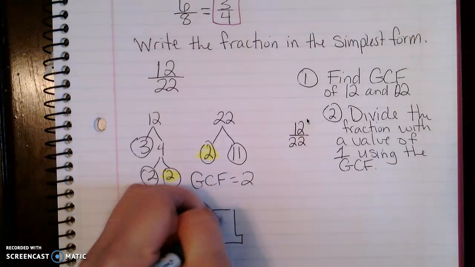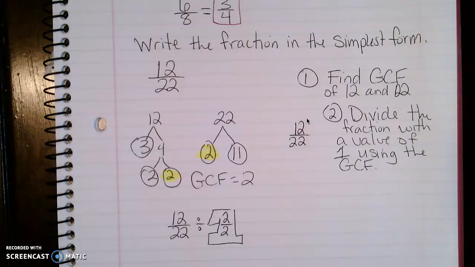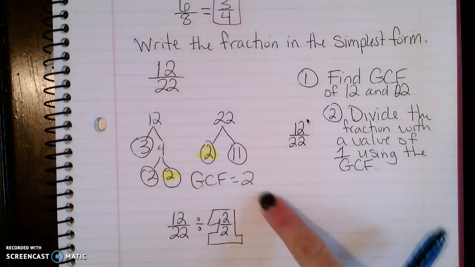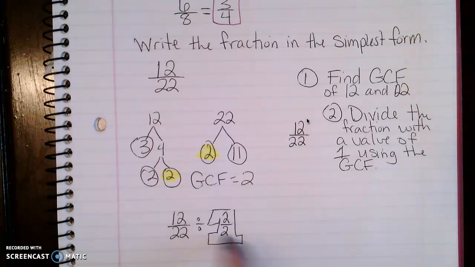So what I'm going to do is I'm going to create a fraction that equals 1 out of my greatest common factor. So if my greatest common factor is 2, I'm going to create a fraction of 2 over 2, right? Because any fraction over itself equals 1. And think about this. Anytime you divide a number by 1, you get the same number.